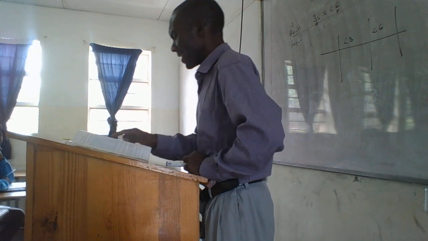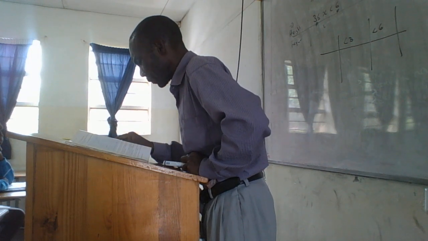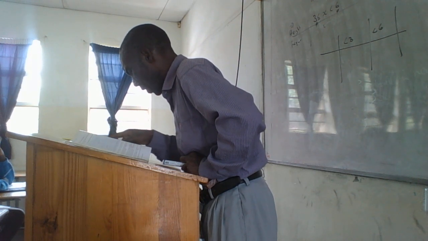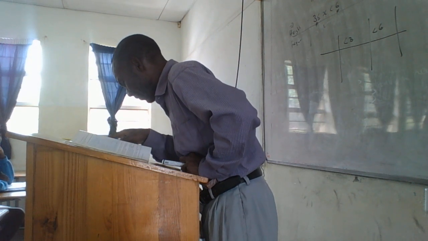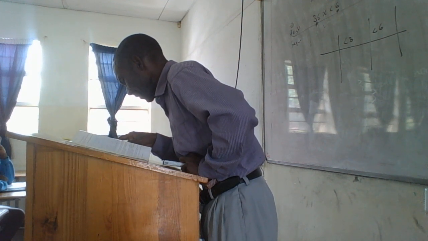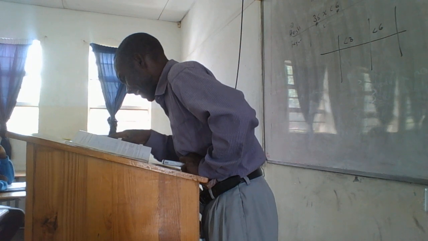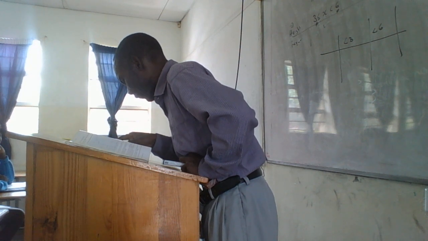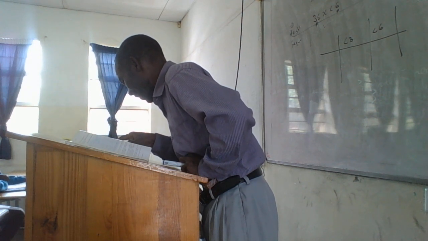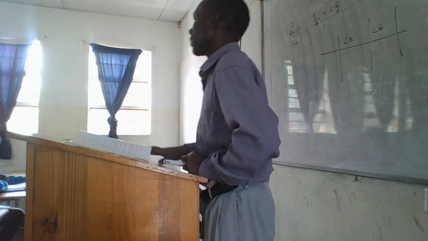The second table, they're just adding. The first one is 0. 0 plus 1 is 1. 1 plus 2 is 3. 3 plus 11 is 14. 14 plus 10 is 24. 24 plus 5 is 29. 29 plus 1 is 30. That's what they're doing there.